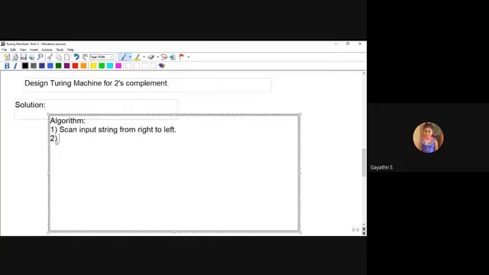In the second step, pass all consecutive zeros, which means don't make any change on 0 as well as consecutive zeros.